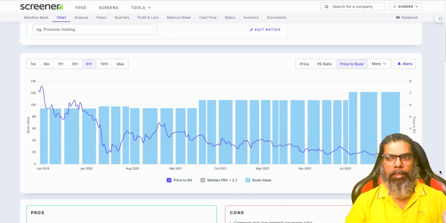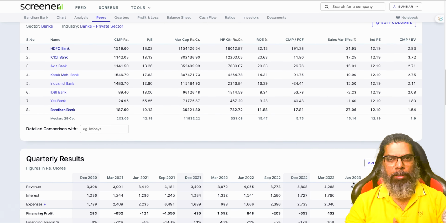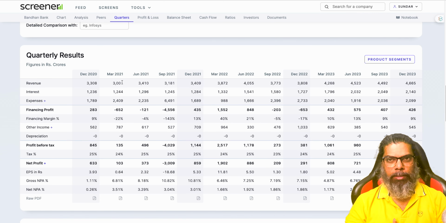So at this point in time, you can see the price to book value is 1.5. Earlier it was almost 6 times. So that's why it was considered overpriced, and currently it is consolidating and going down, even though the company is doing good, the bank is doing good, and the revenues are increasing, right?